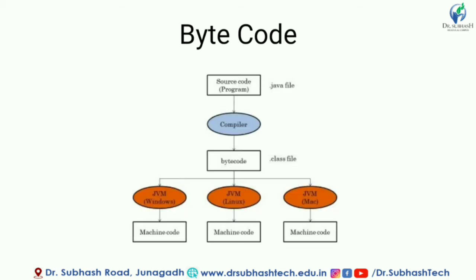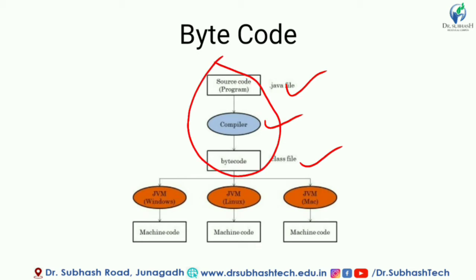In the diagram we can see here is the source code, which has the .java extension. Then it is compiled using the compiler, and then it is converted into the bytecode. Then you can see the .class file, right? From this flow you can see any Java program is written in source code with the extension .java.